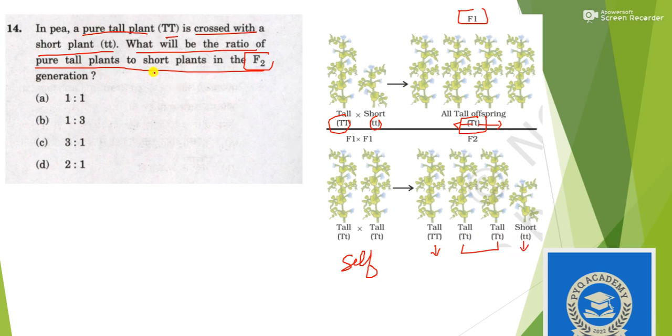So in the question it is asked what will be the ratio of pure tall plant to short plant in F2 generation. So in F2 generation, pure tall is 1 and pure short is 1, and the other two are tall. So this is the answer, 1:1, pure tall and short plants.